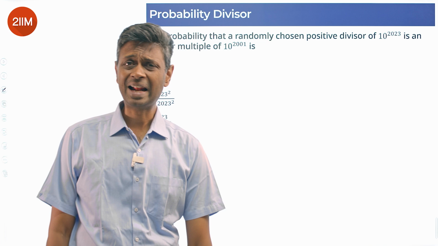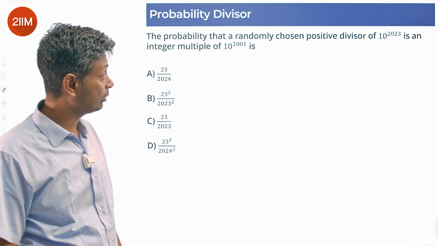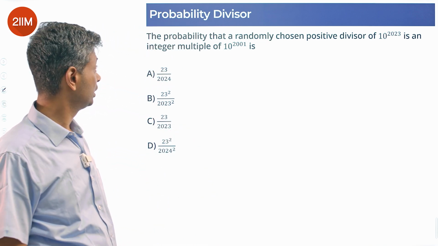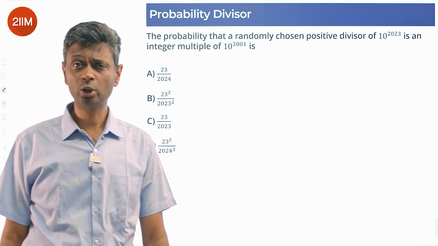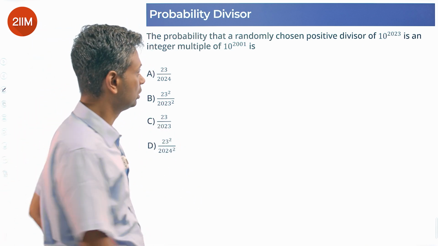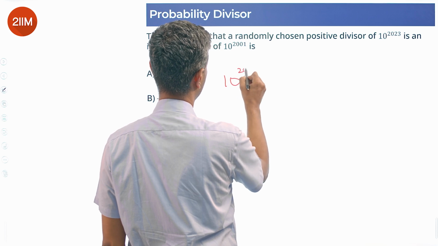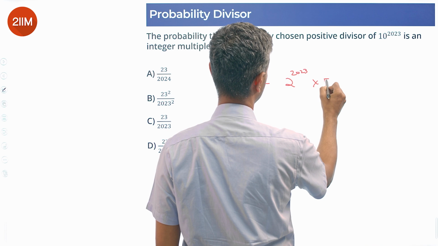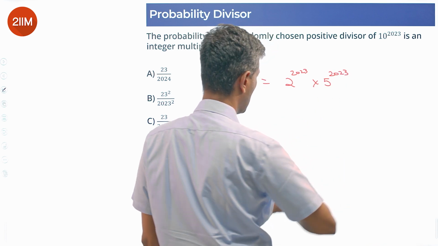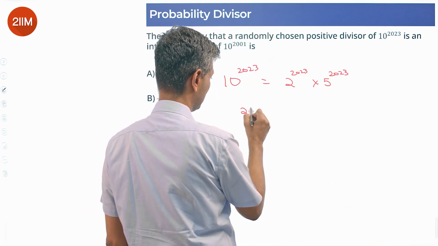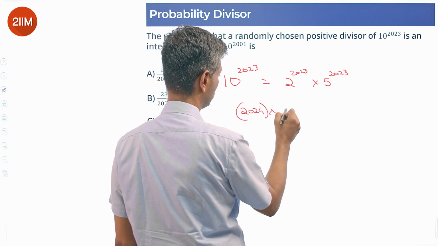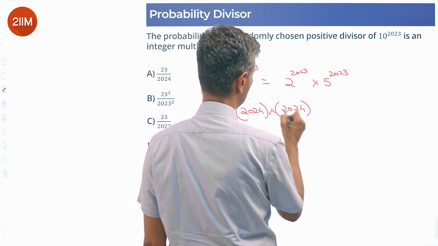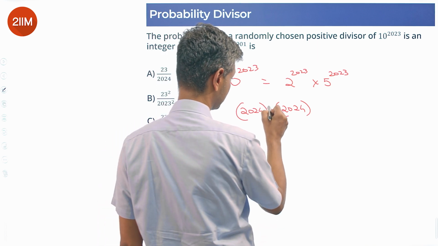The probability that a randomly chosen positive divisor of 10 power 2023 is an integer multiple of 10 power 2021. So 10 power 2023 is 2 power 2023 into 5 power 2023. How many factors does this number have? 2024 into 2024, 2024 square.